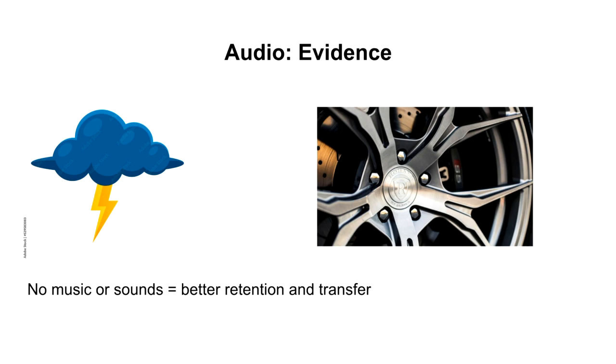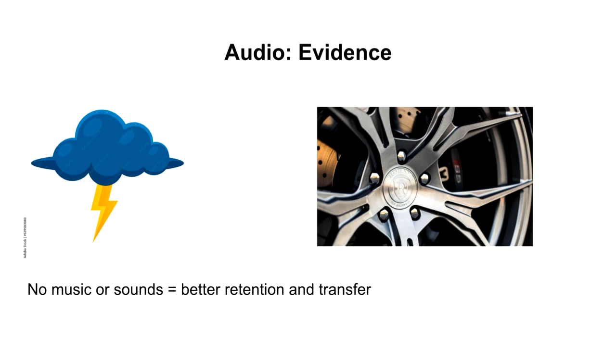The students who received either presentation without background music remembered more of the presented material and scored higher on solving transfer problems than the students who received a presentation with background music.